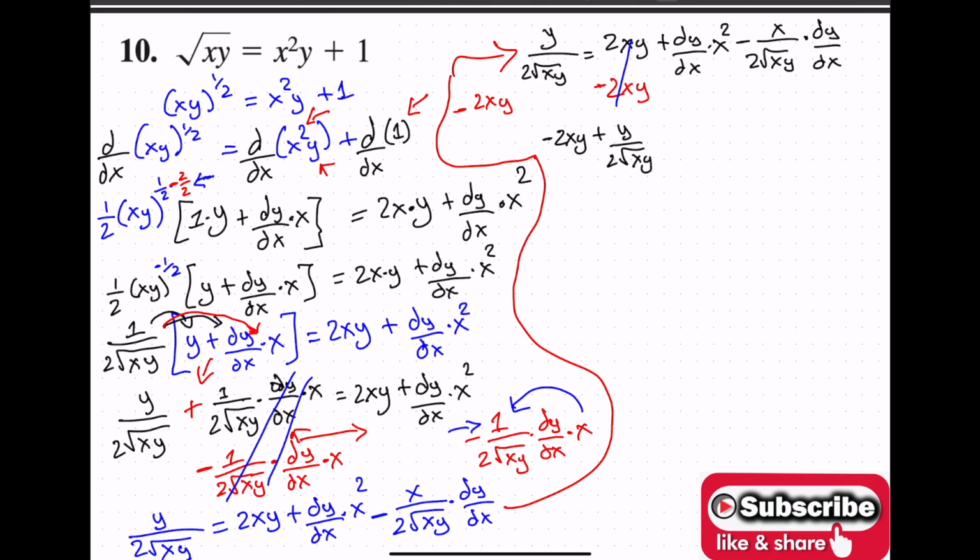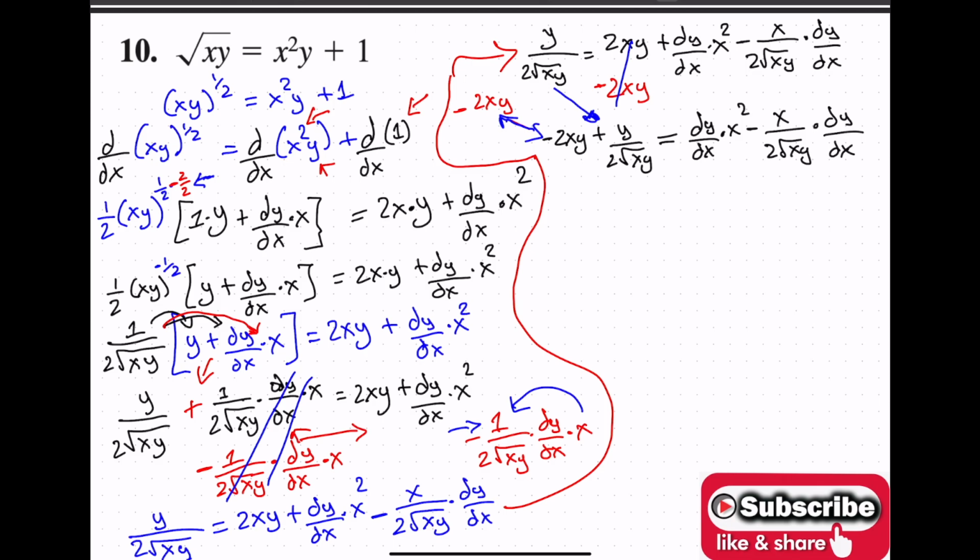So this is all I'm rewriting. I'm rewriting the term here. That's the term I have, and that term is here. That's all I'm doing. So there's an equal sign there, and I have dy/dx times x squared minus x over 2 square root of xy times dy/dx.